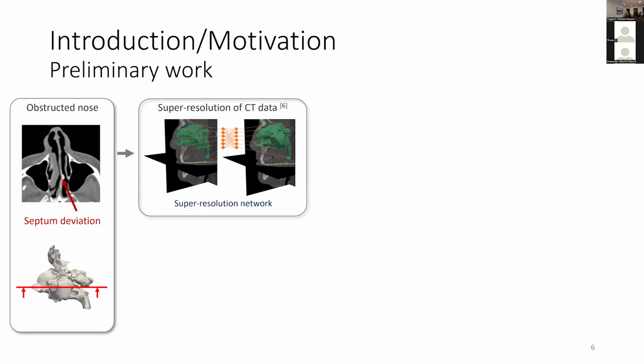A drawback of most of the CT data captured in hospitals is that the resolution is too low, which is understandable because it's cheaper for the insurance companies, and it also imposes less radiation. So we developed one tool to improve the resolution of CT images, making them feasible for highly resolved simulations.